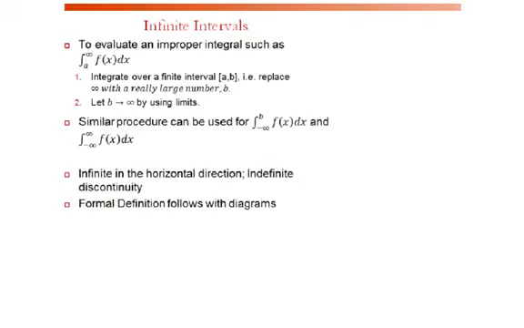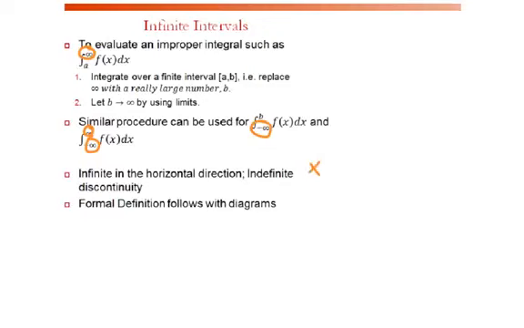So to evaluate an improper integral with an infinite interval of integration, we're going to use limits. Here the limits of integration go to infinity, or both, or negative infinity. So it's infinite in the horizontal direction.